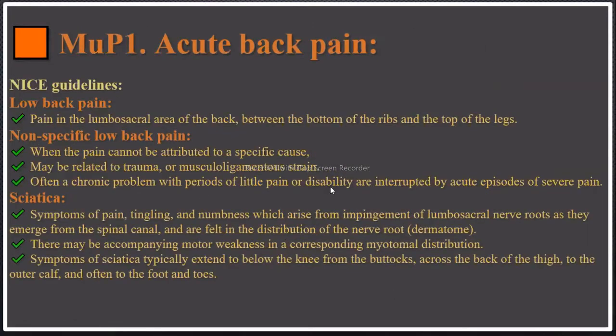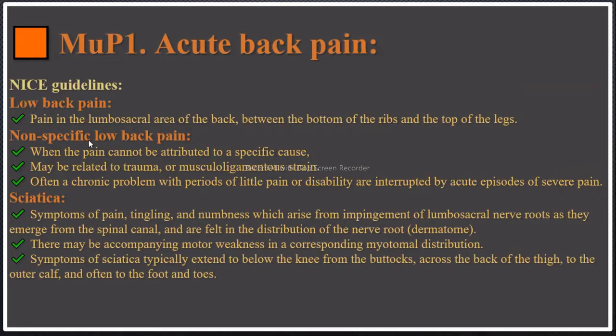So first of all, acute back pain. So NICE guidelines say low back pain is pain in the lumbosacral area of the back between the bottom of the ribs and the top of the legs. So we are talking about low back pain.